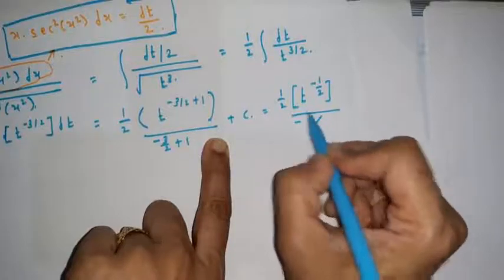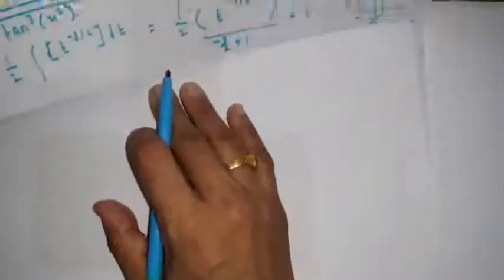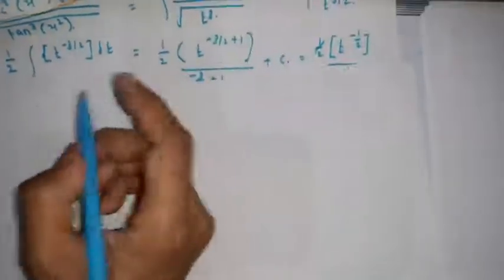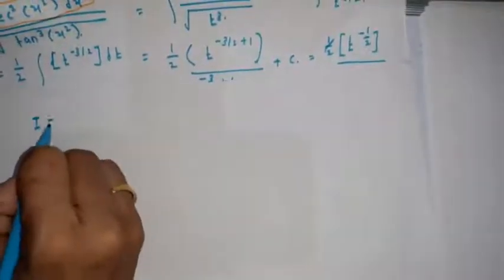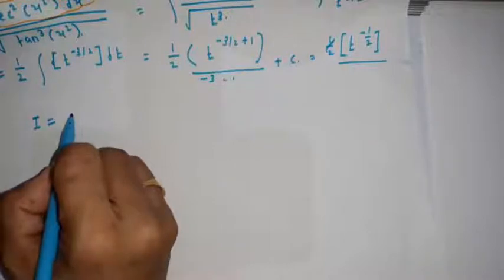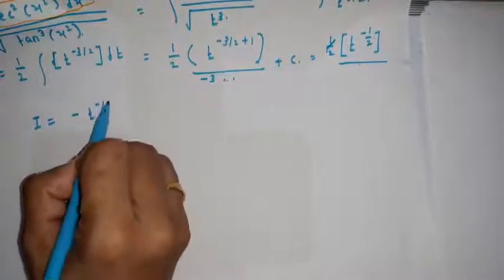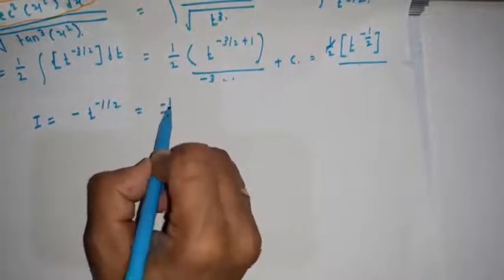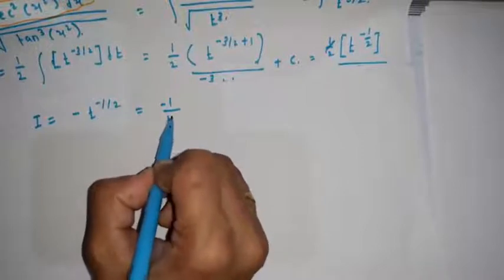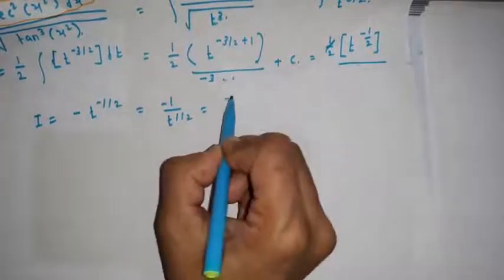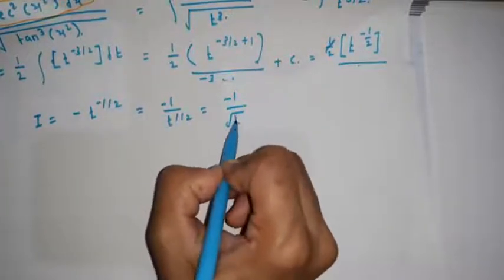Minus 1 by 2 and minus 1 by 2 get cancelled, and the value of integration I equals minus t raised to minus 1 by 2, that is minus 1 upon t raised to 1 by 2, and that is minus 1 upon the square root of t.